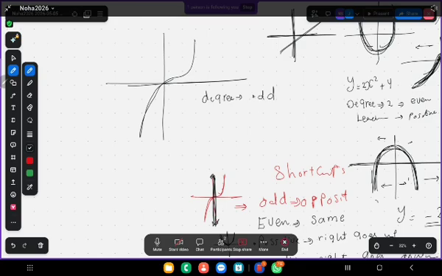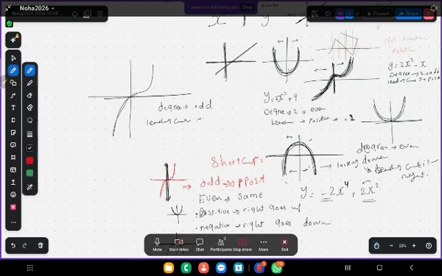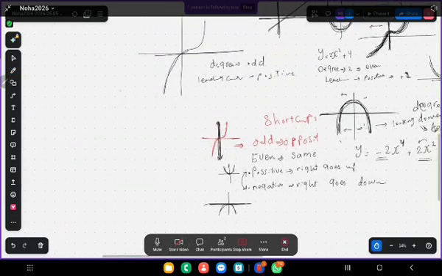And what do you think about the leading coefficient? I mean positive or negative, it's coming from the leading coefficient. So here it could be positive.